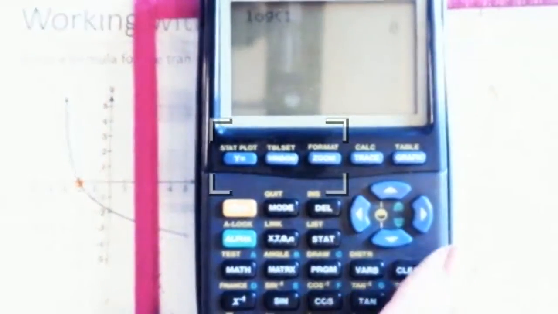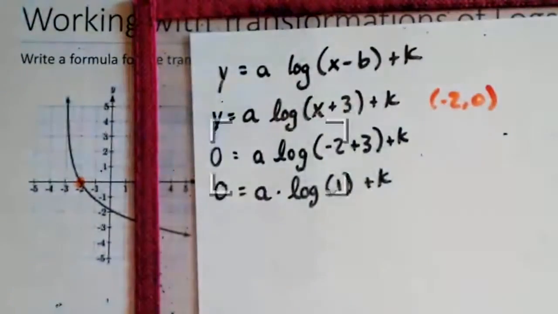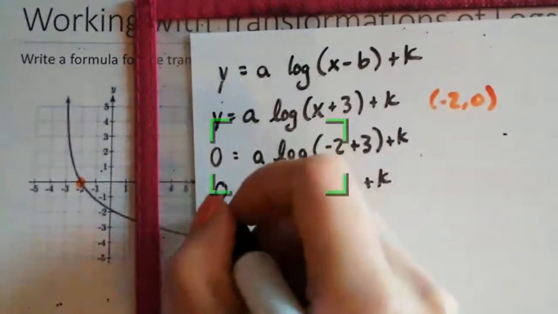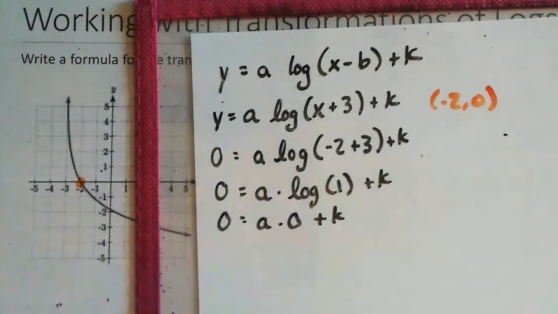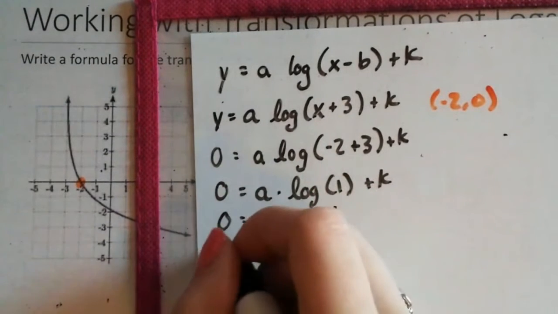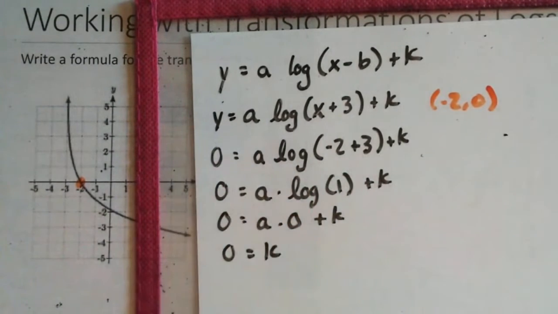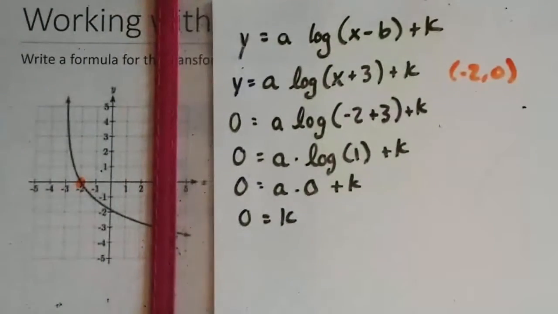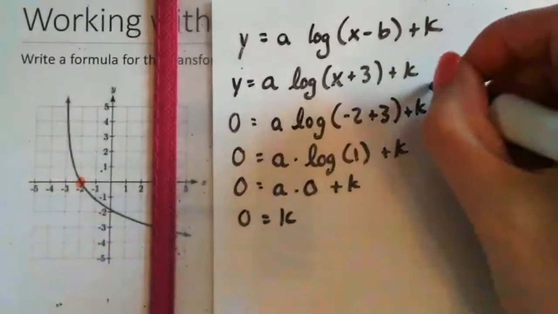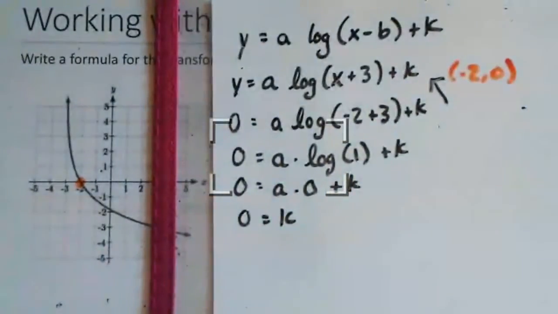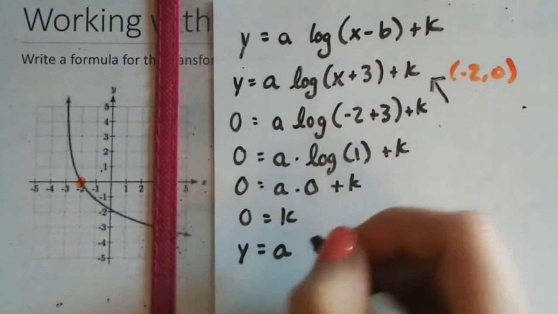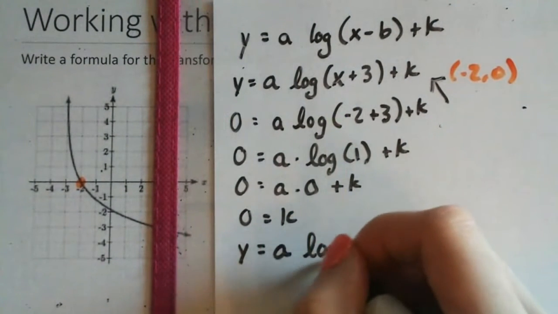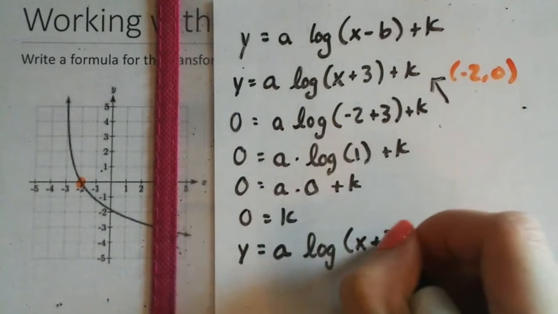But let's take a look at the log of 1. The log of 1 is equal to 0. So what this says is 0 is equal to a times 0 plus k. A times 0 is just 0. We're getting k equals 0. If k equals 0, then I can go back to this equation and plug in 0 for k. And we're looking at y equals a times the log of x plus 3.